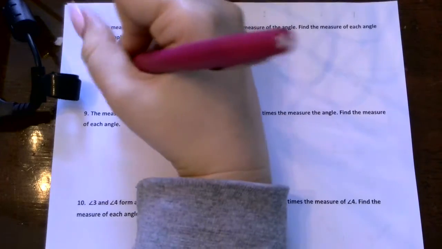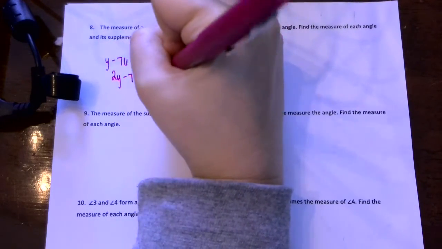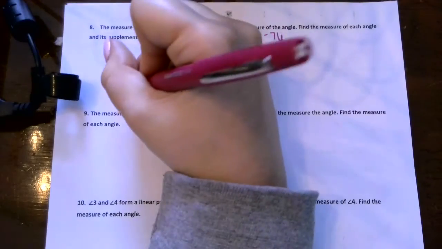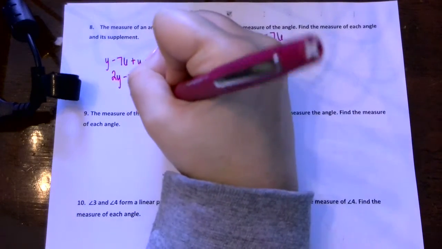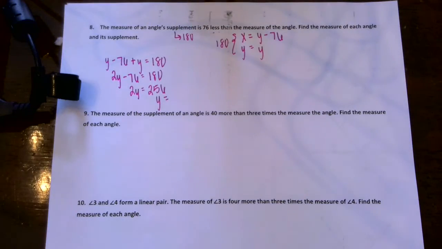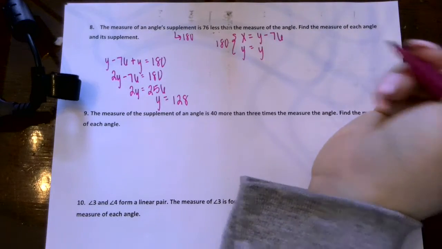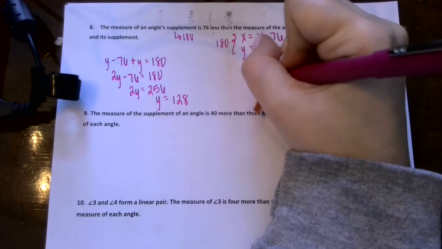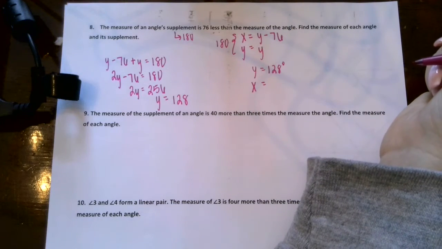So you're going to go ahead and solve. I'm going to add 76 over, so 180 plus 76 is 256. And then I would divide by 2 to get Y by itself. That's going to be 128. And then again, those two angles have to be 180 together.